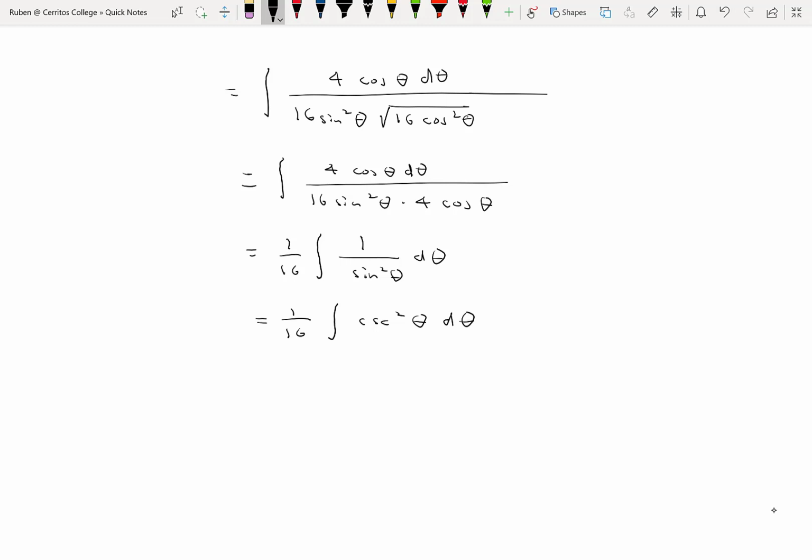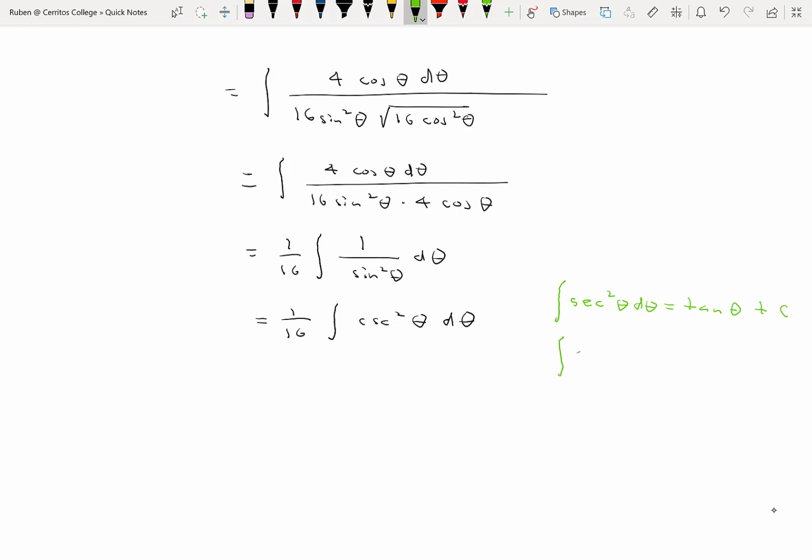So now we have to remember back from Calc 1. What's the integral of cosecant squared? Well, off to the side here, the integral of secant squared is what? You should know this by now. If not, I'll tell you, but you should know this. The integral of secant squared is tangent plus a constant.